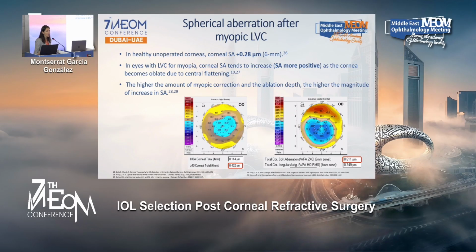And also, we need to check the spherical aberration after the surgery, because we know that after myopic LASIK, the corneal spherical aberration increases, and this increase is directly correlated with the amount of diopters corrected.